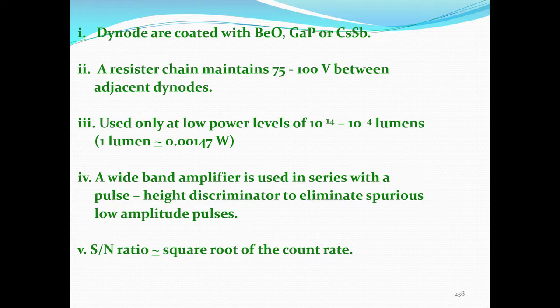Diodes are normally coated with beryllium oxide, gallium phosphide, cesium antimonite, etc., and then we also have a resistor chain maintaining 75 to 100 volts between adjacent diodes. So, they are used only at low power levels of 10 raised to minus 14 to 10 raised to minus 4 lumens, and basically lumen is the measurement unit for the electromagnetic radiation. 1 lumen corresponds to approximately 0.00147 watts.